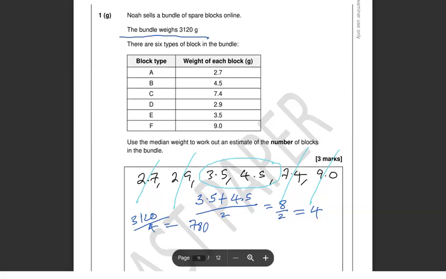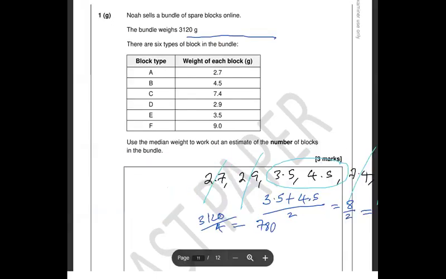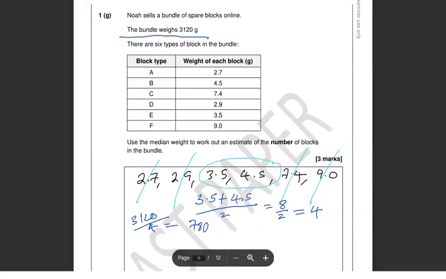So don't forget, you have to find the median. The median is the middle number. When you realize that you have 2 middle numbers there, you will add them together, then you divide by 2. That's how to find the median. If it's only one number, then you just use the one number that is there directly.